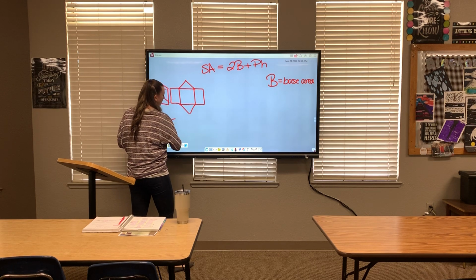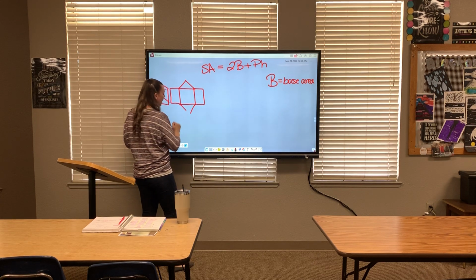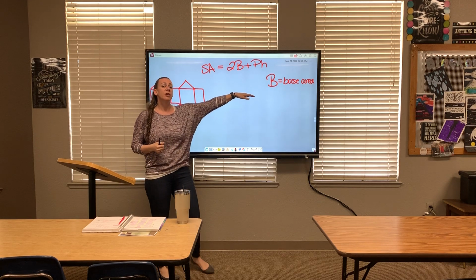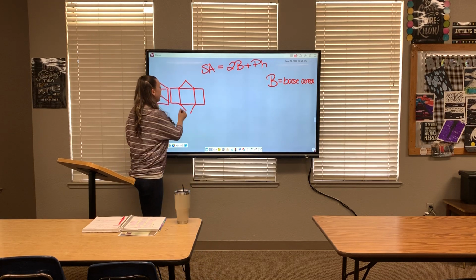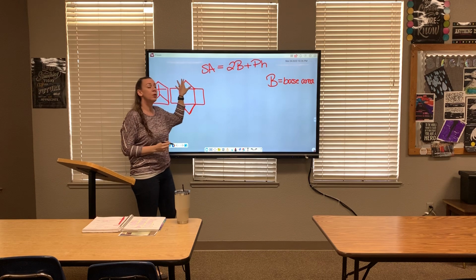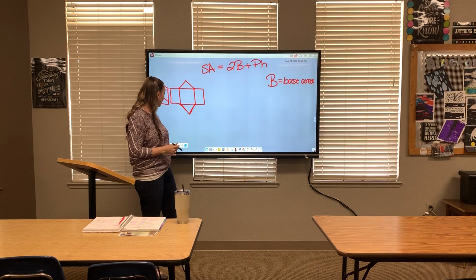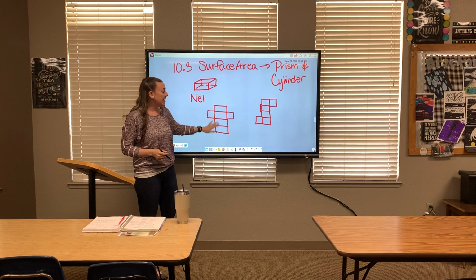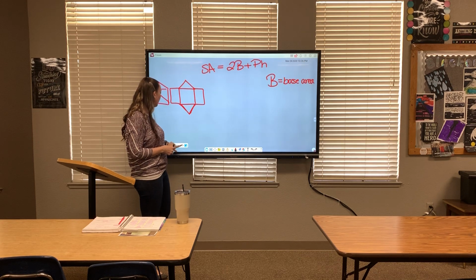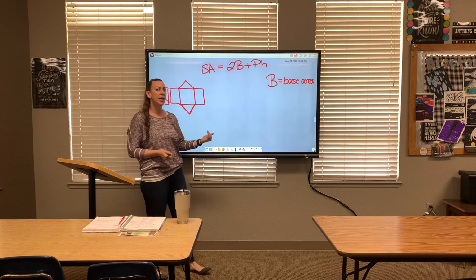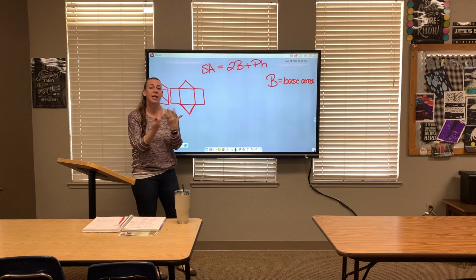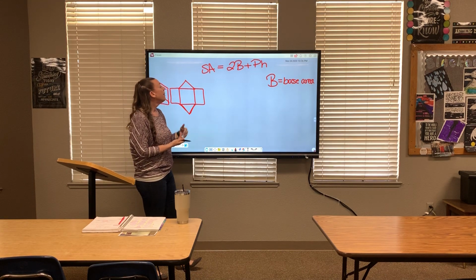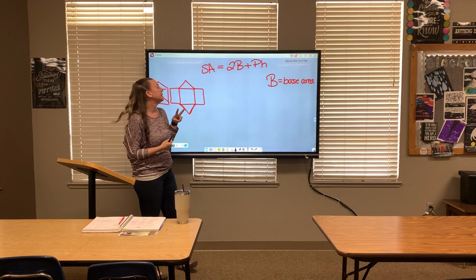But if I were to look at this when I'm trying to figure out the area, the base area would be the area of the triangles in this one. For the one over here, it'd be the base of the rectangles. Okay, so rectangular prism versus triangular prism. Prisms will always have rectangles as your sides, but the bases are the two that are exactly the same.